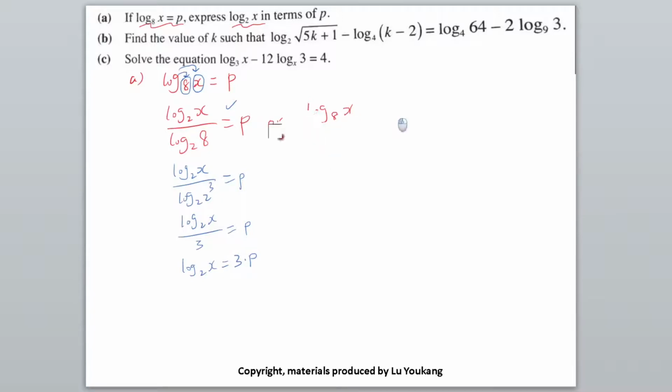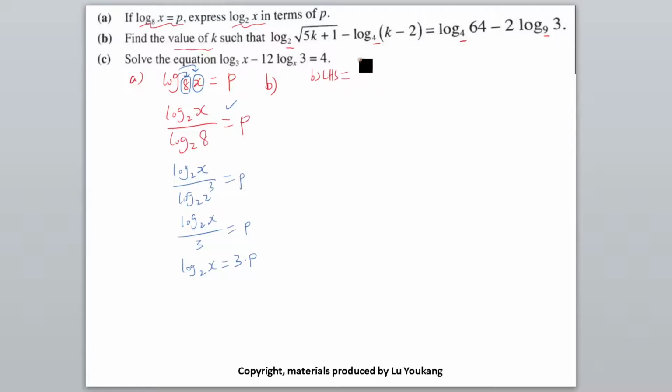So now let's go ahead and solve for part B. We are asked to find the value of k such that we are given this long equation. So you can see that we have different bases for this log. Therefore our job is to try to make it the same base.